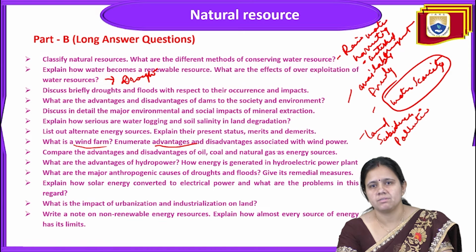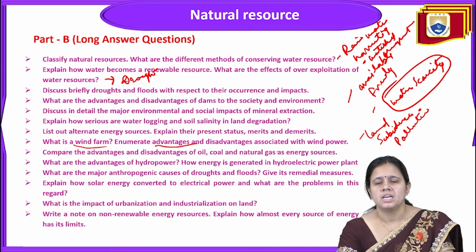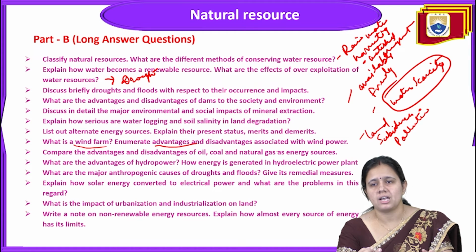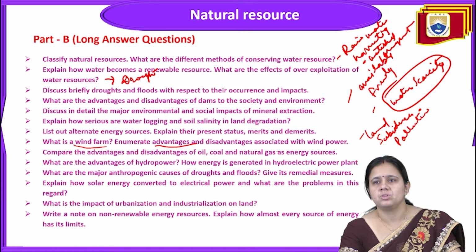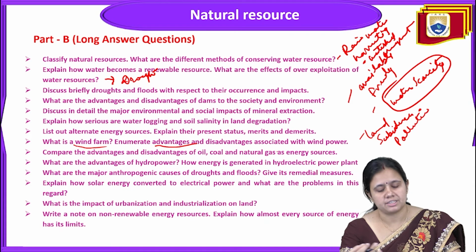So the advantage is that it is green energy, eco-friendly, available in much amount, and pollution-free also. Energy is generated by the potential and force of water coming from a bigger source. This force is used for the generation of electricity in a hydroelectric power plant.